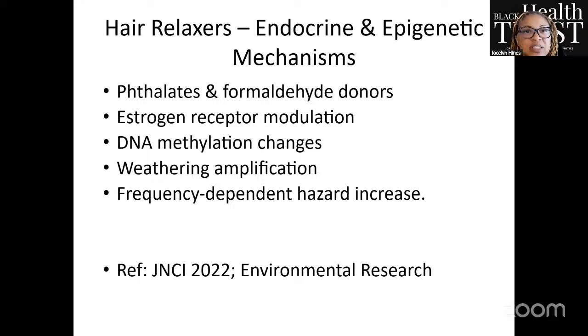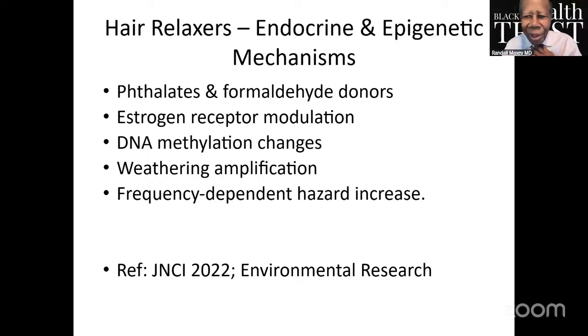So there's been a lot of discussion in the past about hair relaxers and what potential harms and increased cancer risks and those types of things. When you're talking about DNA methylation changes, you're looking at things that can impact whether or not those cells come out normally in the long run. Similarly with estrogen receptor modulation, you're thinking about your breast cancers and those types of things.